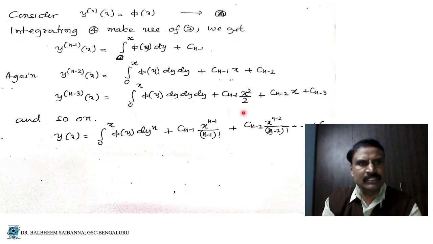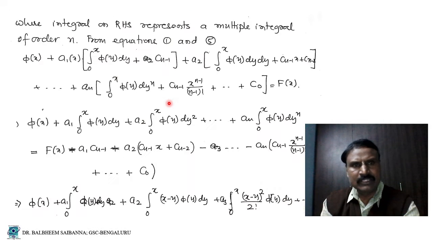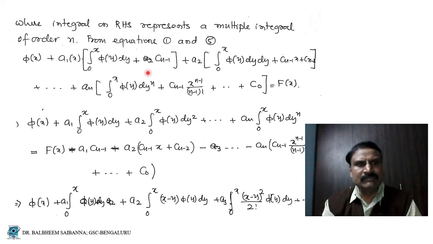We are substituting these values: y to the power of n of x is phi of x, y to the power of n minus 1 is this thing. These are all we are substituting. Then we will get the equation in this form.